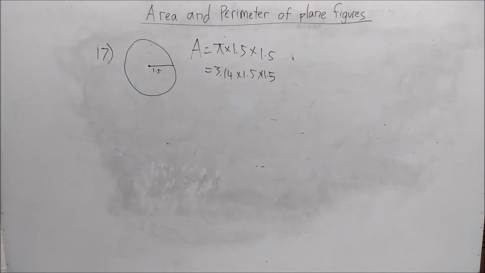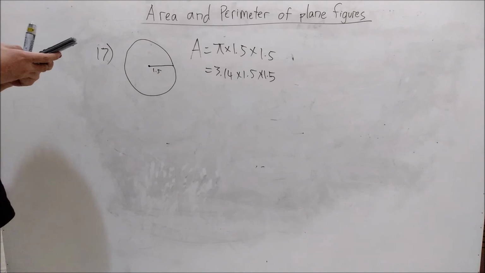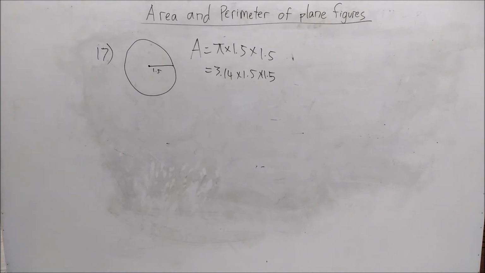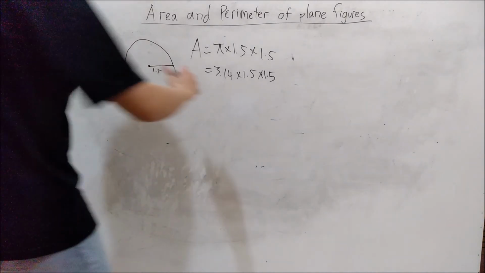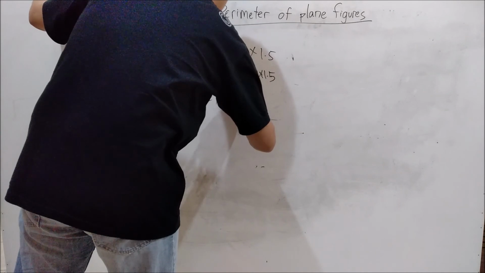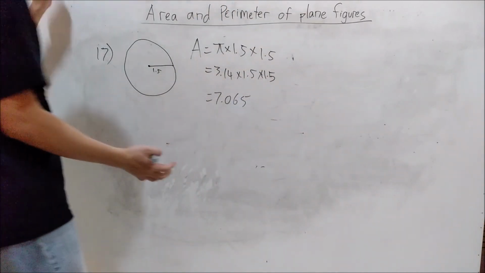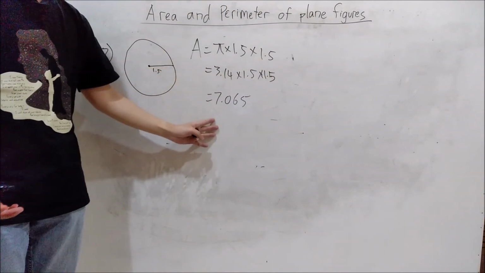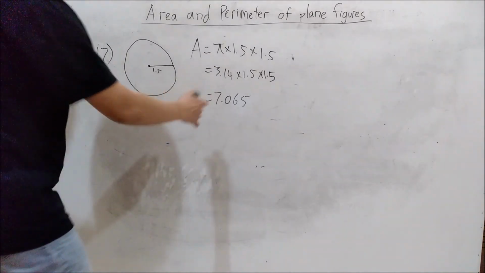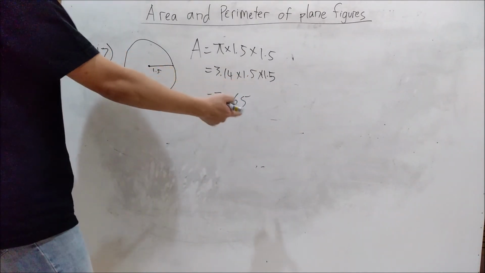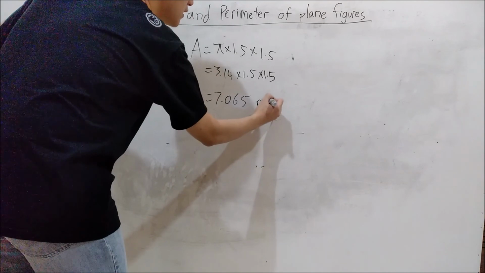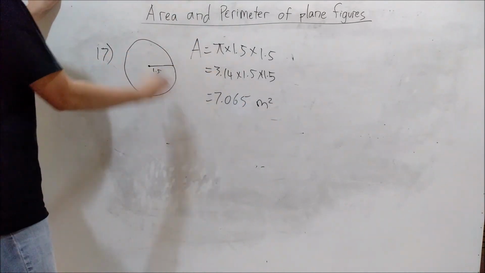So we will count that, 3.14 times 1.5 squared, you will get 7.065. So you can assume it like 7, or if you want, 7.065 is the area that the goat can cover, right?